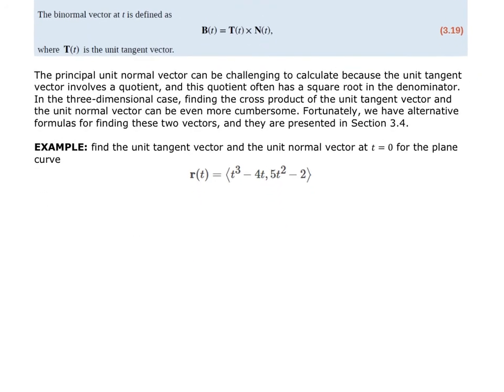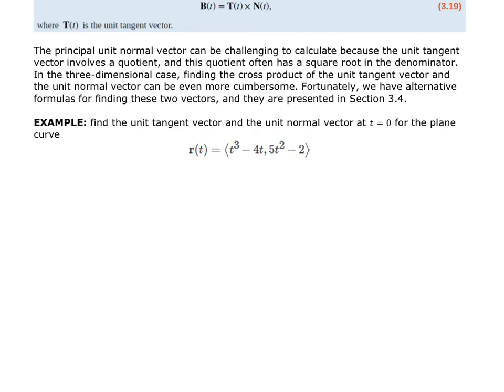So let's start out with finding the unit tangent vector. Just as a reminder, this is what we were doing in our last video: the unit tangent vector and the unit normal vector at t equals 0 for the plane curve given below. The first thing we're going to do is find our unit tangent vector, which we know is T of t equal to the derivative of my original vector divided by its, I want to say modulus, but it is not, it is the magnitude, r prime of t.